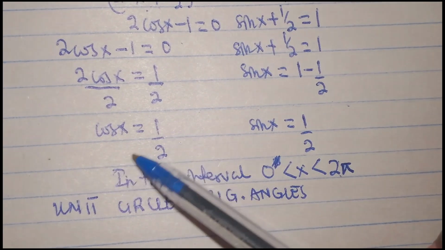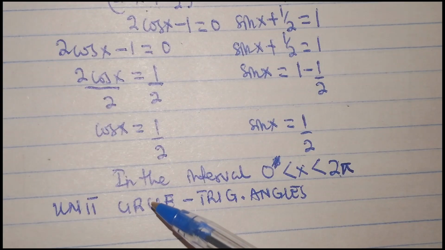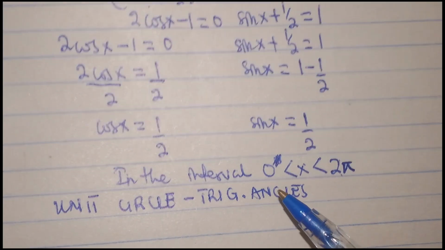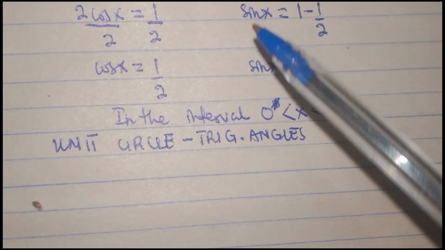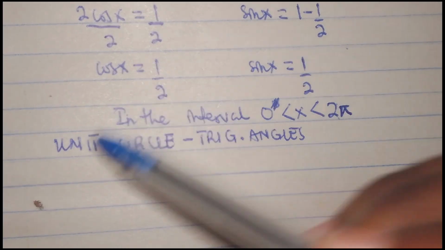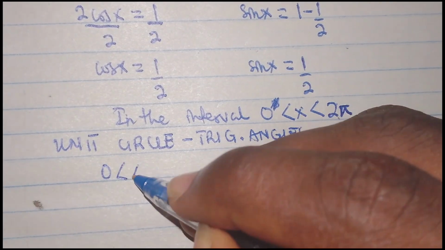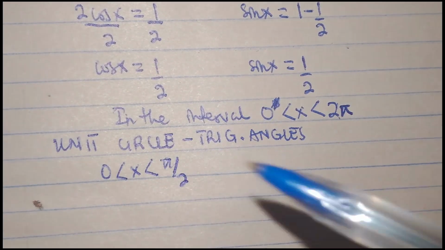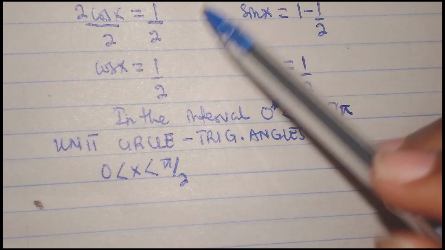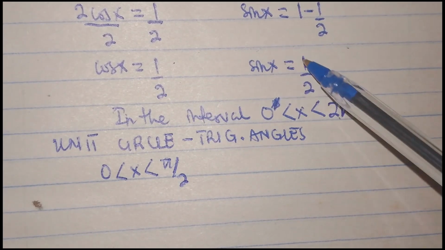Now let's continue. Let's take it that we don't know how to use the unit circle, so we go the normal way. You have cos x equals half and sin x equals half. If you take the acute angles, that is from 0 less than x less than pi on 2, we find the angles we get if cos x equals half and if sin x equals half.